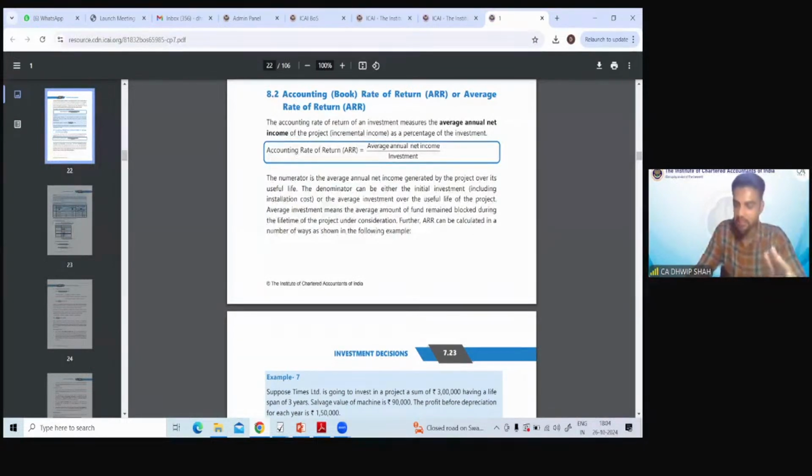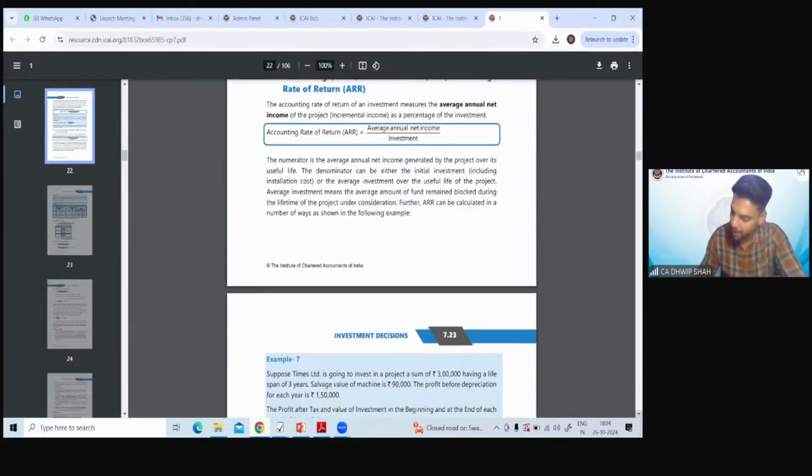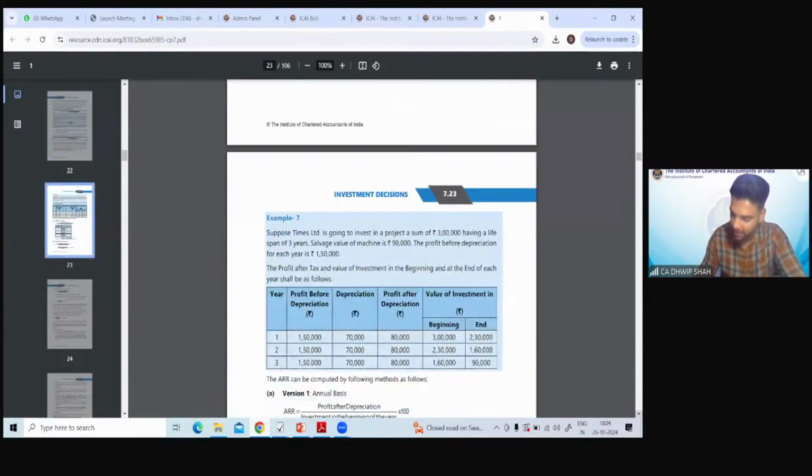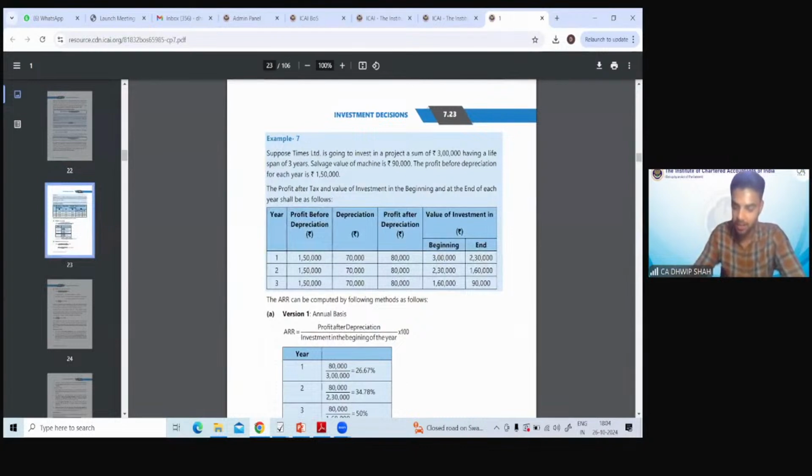The ARR is nothing but average annual net income. Here net income is always after tax, divided by investment or average investment. Now they have provided one illustration. Let's see that, and let's try to calculate average rate of return or accounting rate of return or book profit rate of return.